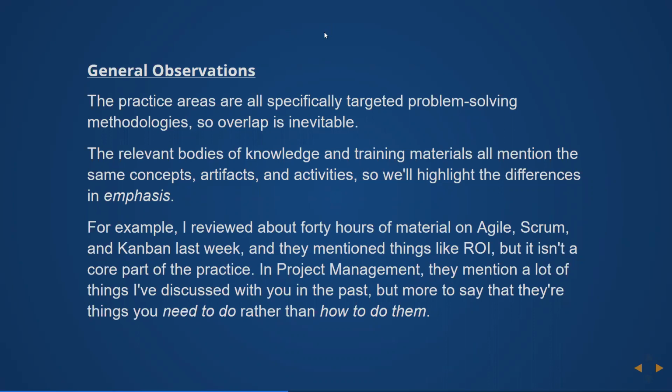They talk about ROI, but that's more a project management thing. In project management, they tell you how to do it. Whereas in Agile and Scrum, they talk about how to do other things.